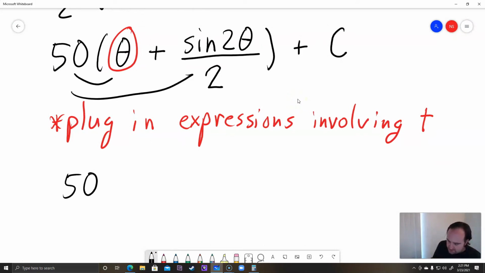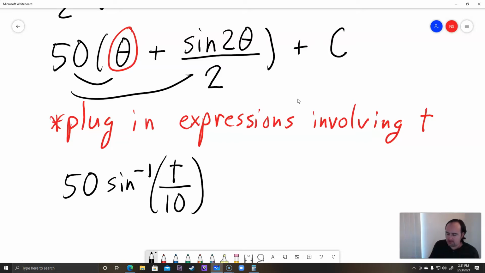So we have 50 times sine inverse of t over 10. And for the second term, the 50 and the 2 are going to cancel, and right now we're going to have 25 times sine of 2 theta.